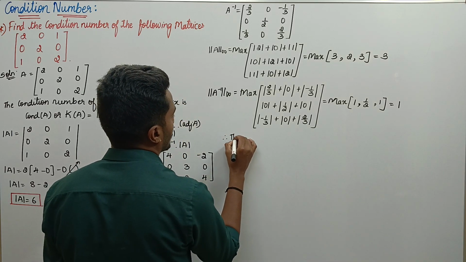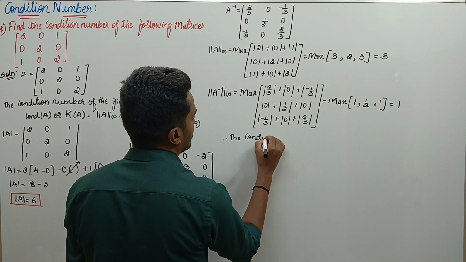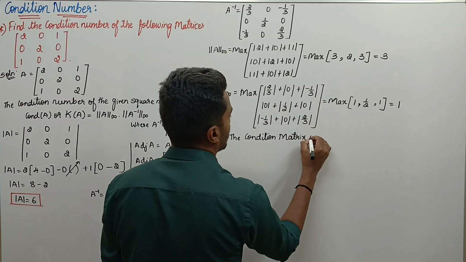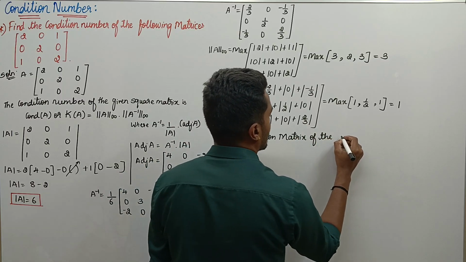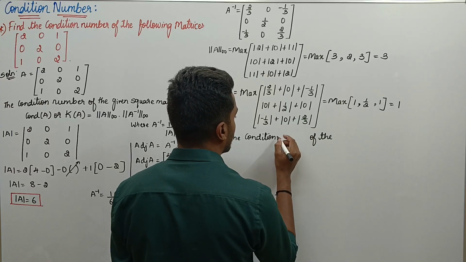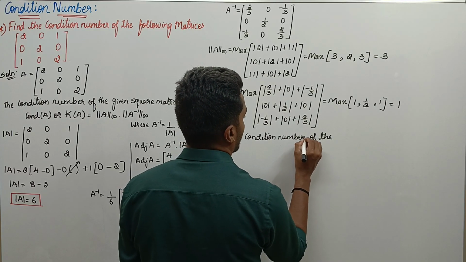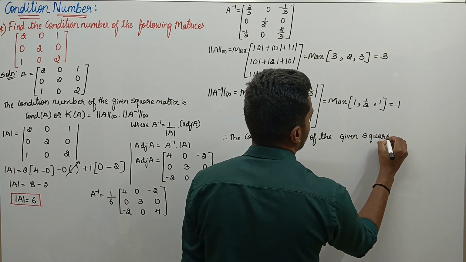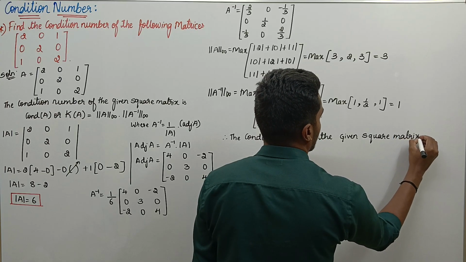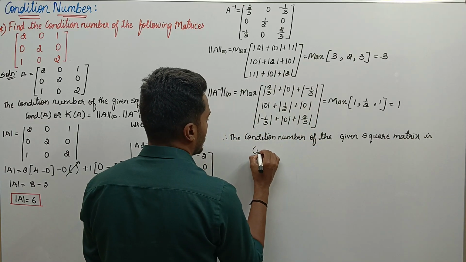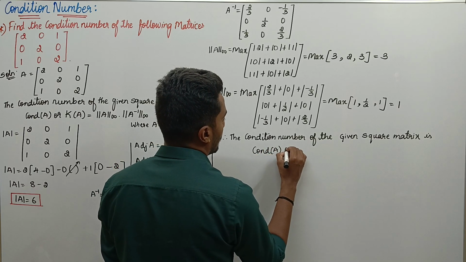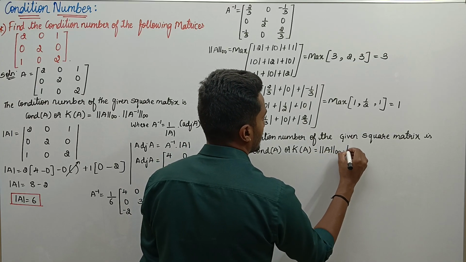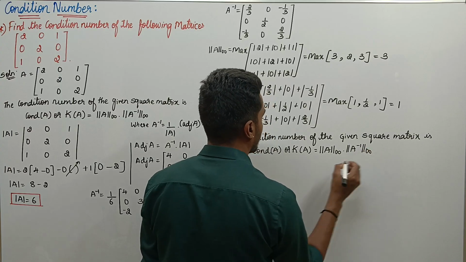Now therefore the condition number of the given square matrix is condition of A or K of A, which is equal to norm A infinity into norm A inverse infinity.